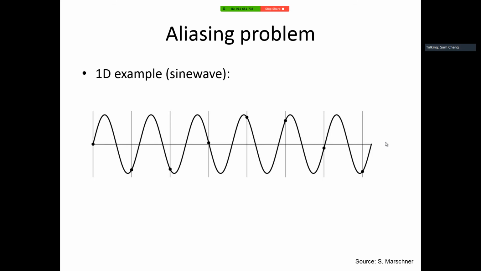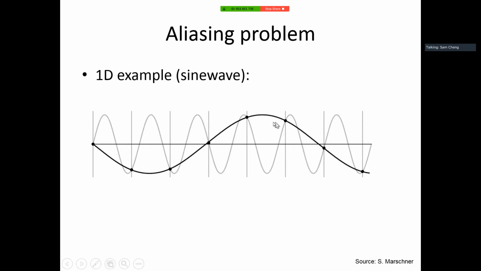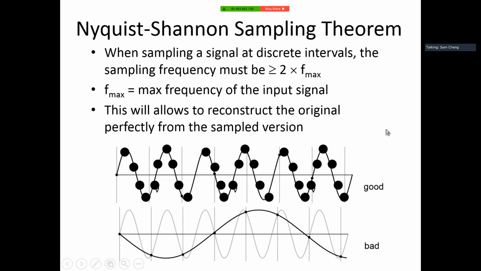If I have this sinusoidal function and I sample at these sampling times, depending on how I sample, I can get a different interpretation of the wave. Instead of this frequency, I can get a much lower frequency.